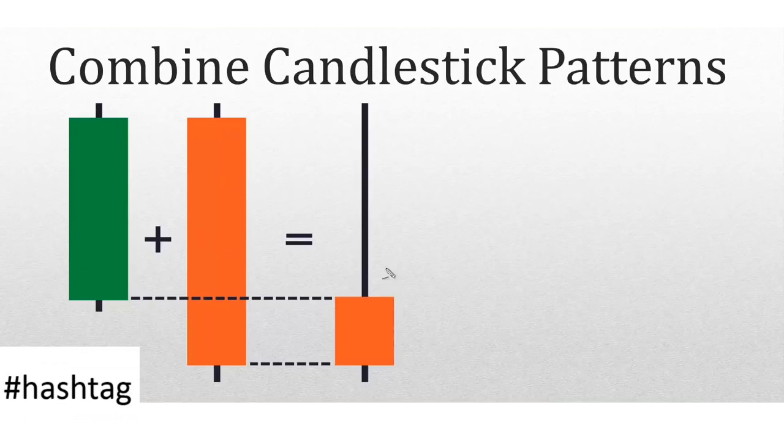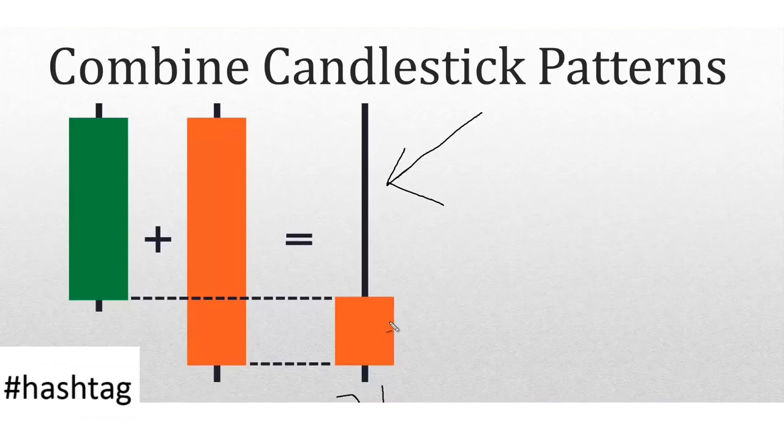So now when you combine these two candlesticks, what time frame is this candle going to be? Well, 1 hour plus 1 hour, this will be a 2-hour candle. And how did this 2-hour candle come about? Very simple.